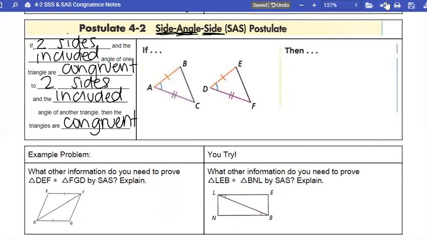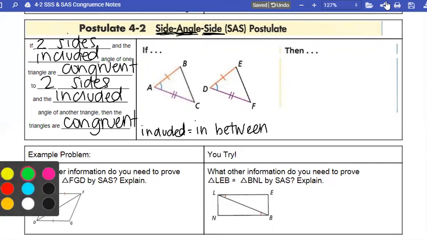So what this means, this included angle, included just means in between. So our angle has to be in between our two sides. Think about this real quick. If you hold up your fingers like you're doing a peace sign, here's your hand.